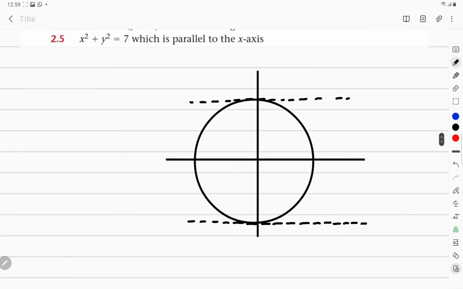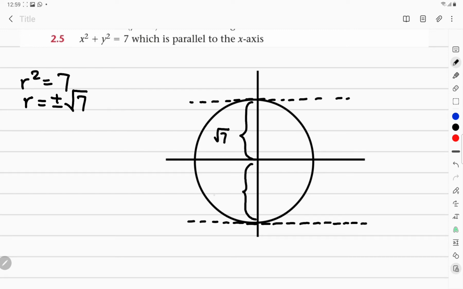The radius squared equals 7, meaning the radius will be plus or minus square root 7. The distance from here to this one will be positive square root 7, and the distance from here to here will be negative square root 7.